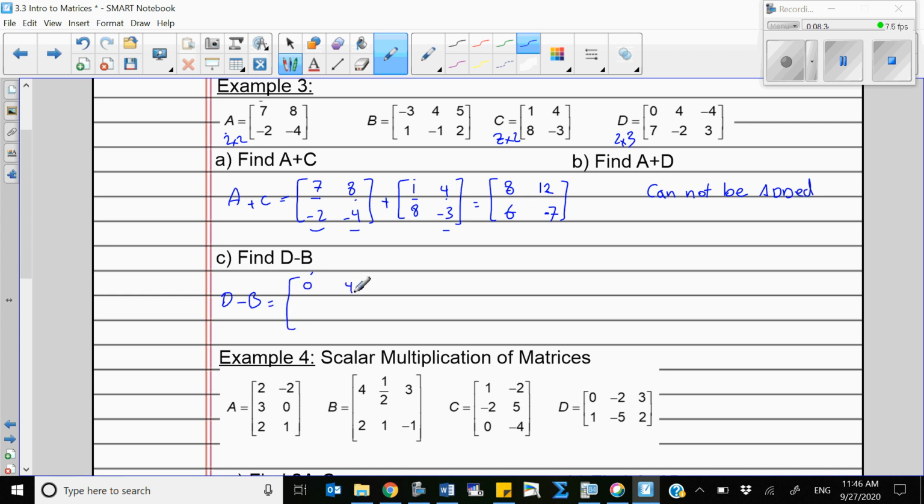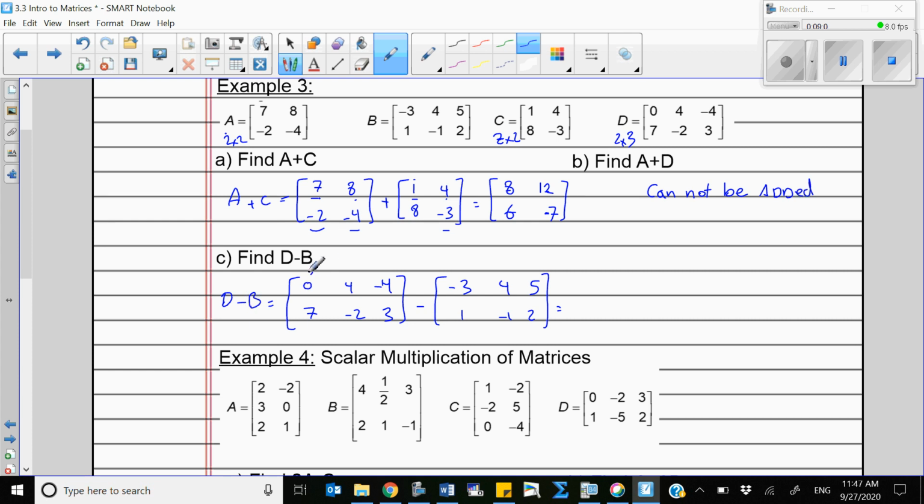First one is 0, 4, negative 4, and 7, negative 2, and 3. Then subtract negative 3, 4, 5, 1, negative 1, and 2. We have a similar rule to addition here in subtraction.